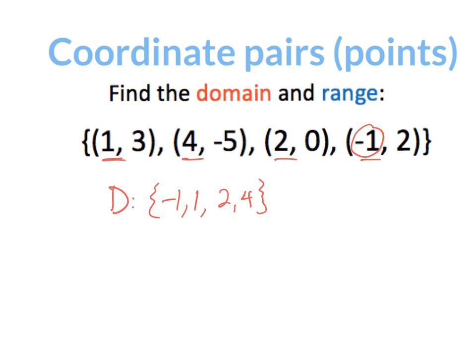That's what the domain list would look like here. And then the range would be all the Y values. Again, least to greatest, the furthest one looks like -5 is the smallest. Then moving left to right, 0 would be the next one, then 2, and then 3 would be your range here.